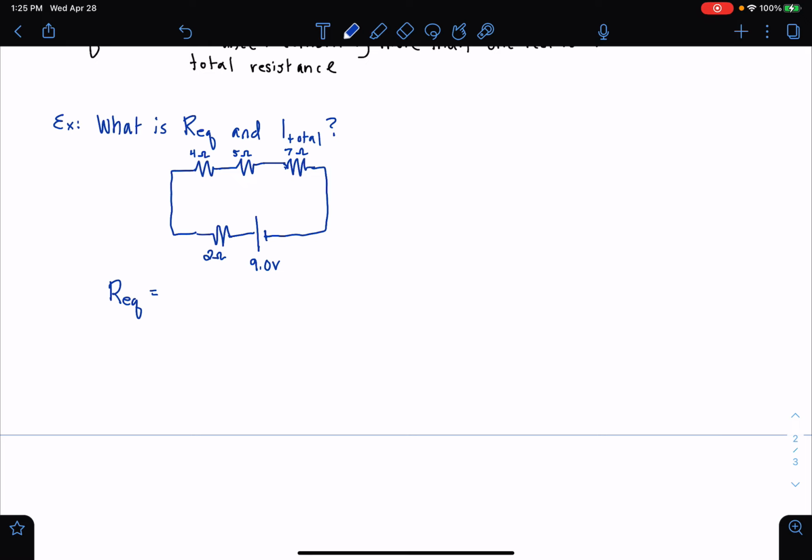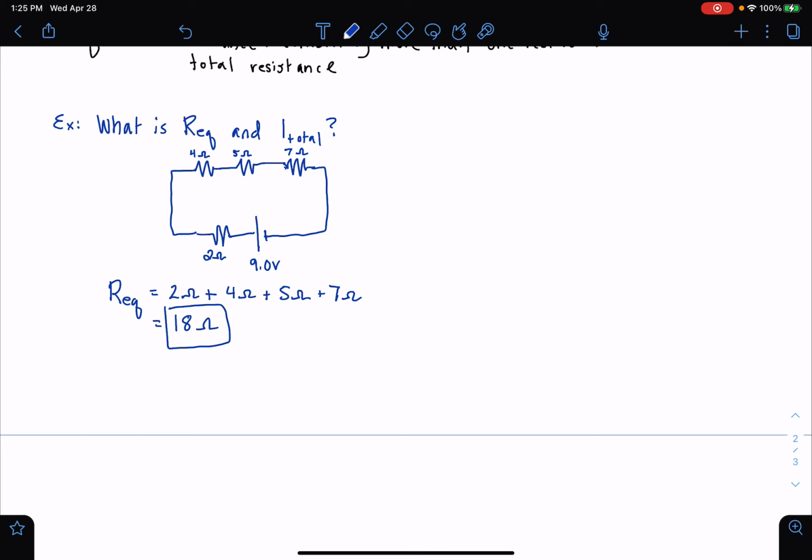So the first resistor is 2 ohms, the second is 4 ohms, then 5 ohms, then 7 ohms. If you add those together, you get a total of 18. Okay? So the equivalent resistance is 18 ohms.